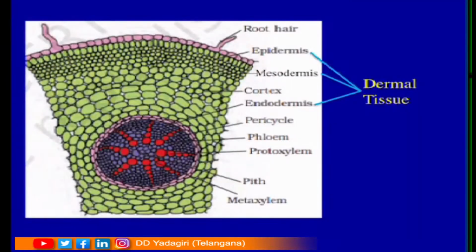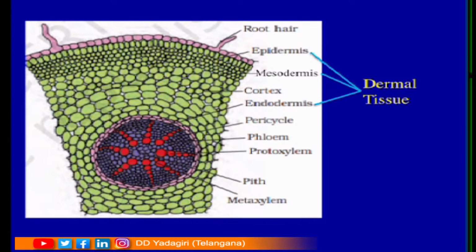Here you can see, children, in this picture, this is the epidermis, the outermost layer. This epidermis is giving rise to certain hair-like structures which are called root hair, and we also find certain openings called stomata. This is the mesodermis tissue which is beneath the epidermis and beneath the parenchyma cells.